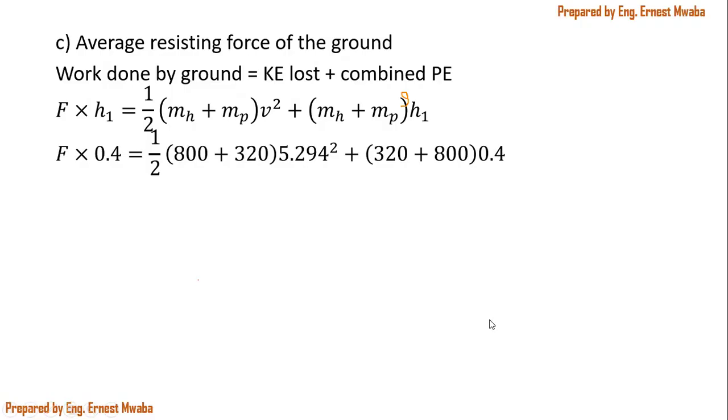Again, here you have it. We're saying the potential energy is, here it's F, the resisting force, times 0.4, because that is the formula for work done. It is equal to half, our M is 800 plus 320, times the v squared, which is 5.294 squared.